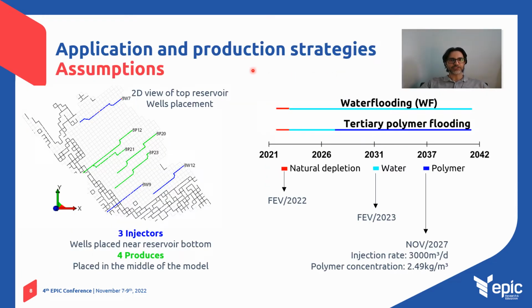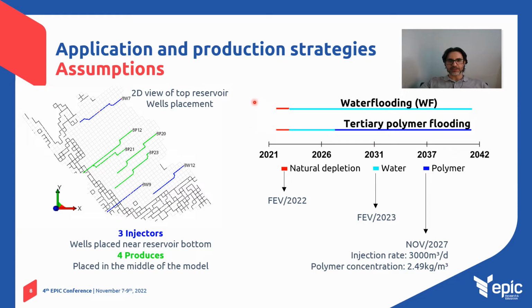About the application and the prediction strategies, here I will present some assumptions. This image presents the 2D view of the top of the reservoir, where we can observe the well placement. So we have 3 injectors placed near the reservoir bottom, and also 4 producers placed in the middle of the model.